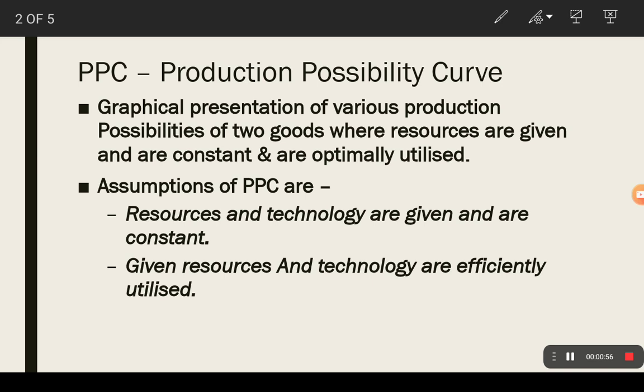Now here, when we are saying resources are given and are constant and are optimally utilized, this gives rise to the assumptions of the production possibility curve. While drawing the PPC, the following two assumptions are to be taken care of. First, the resources and technology that are going to be used in the production of two goods are given to us, and those resources and technology are constant.